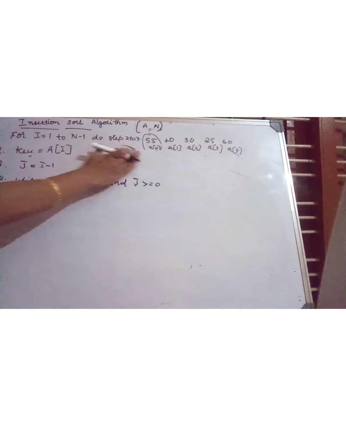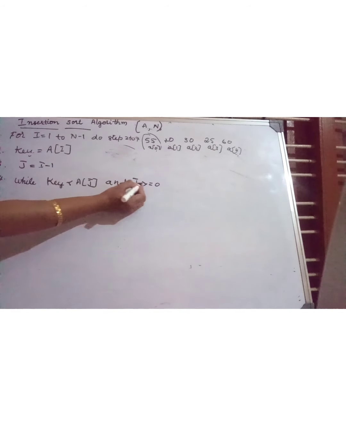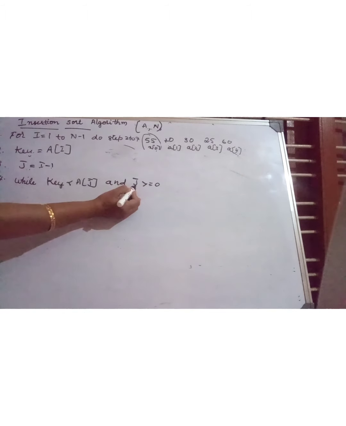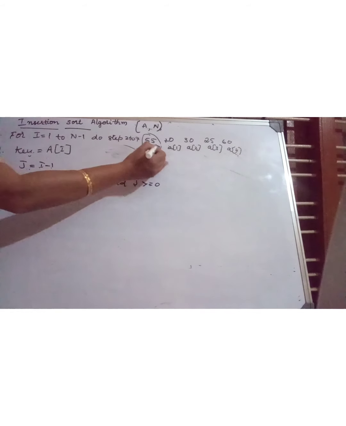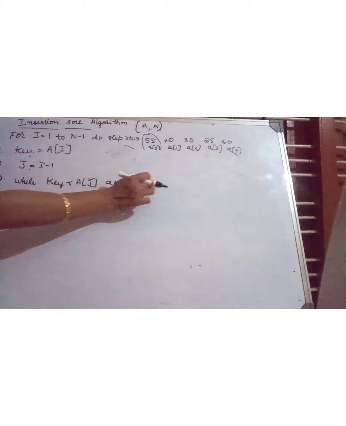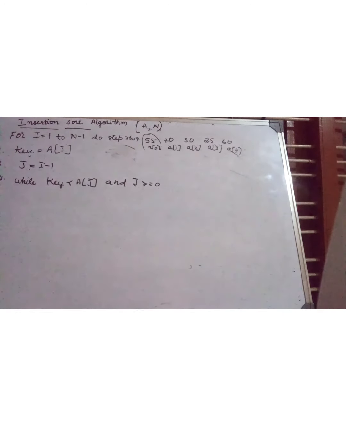That's the reason J is greater than or equal to 0. J is equal to I minus 1 I have taken. For I equal to 1, that means the previous element. I will not go beyond 0. For the numbers 0, 1, 2, 3, n elements, J should be greater than or equal to 0. From here only I have to start.